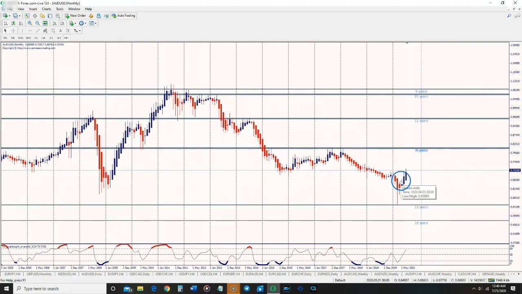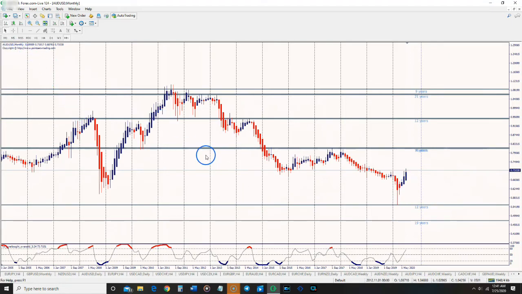So this is the AUD USD. The AUD is the base pair, right? The USD is the quote pair. And basically what this chart is saying is that the Australian dollar for the month of July is stronger than the US dollar.